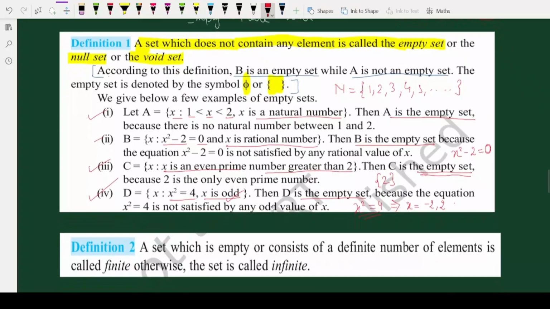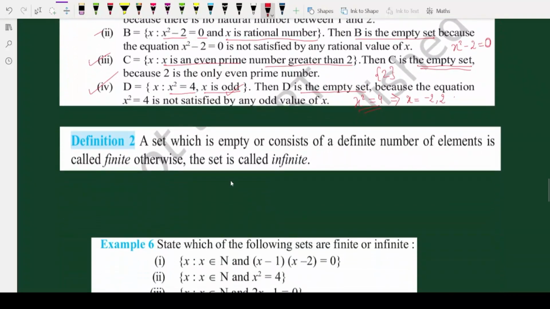Okay. Now, second, we have to discuss finite and infinite. I also said earlier that you will understand this well in graduation, but now the NCERT definition is here.